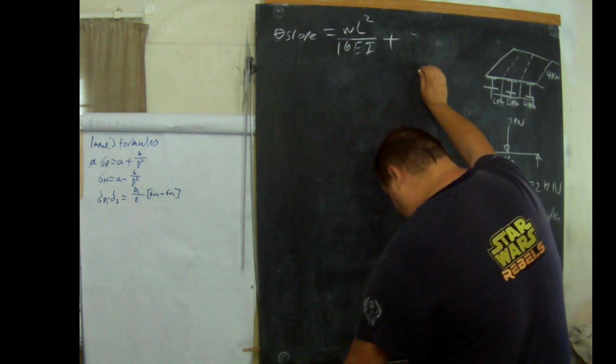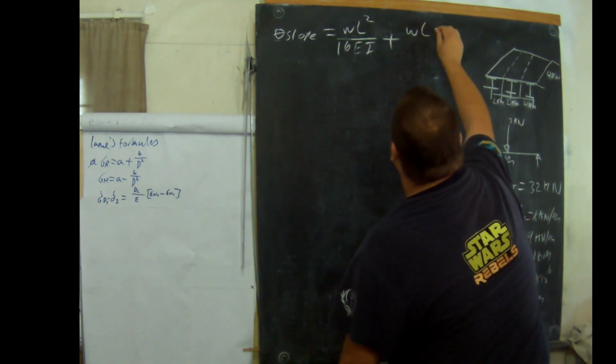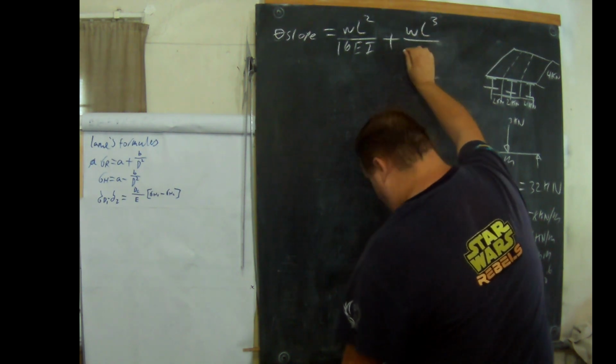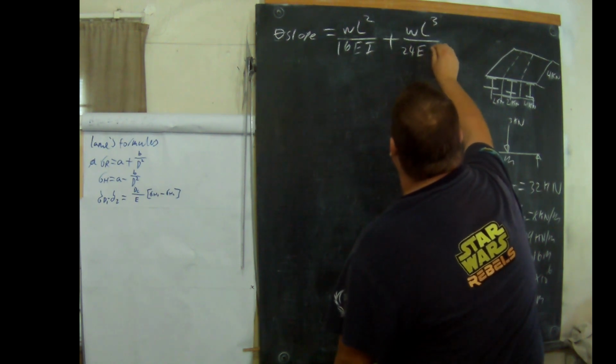And the next one is W L to the 3 all over 24 E I.